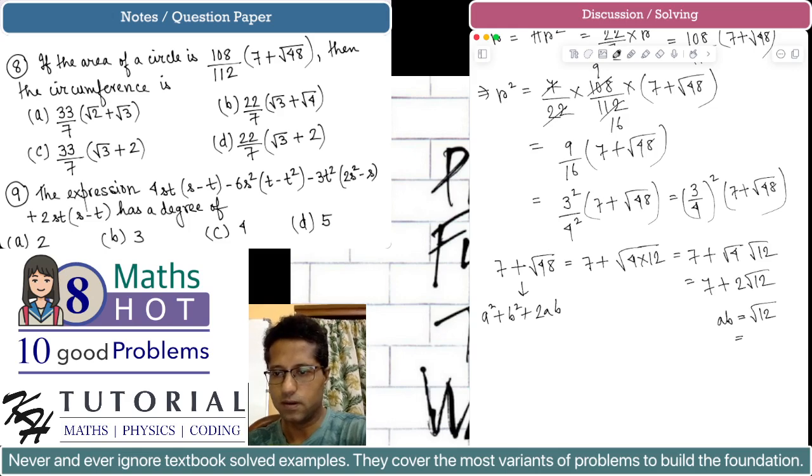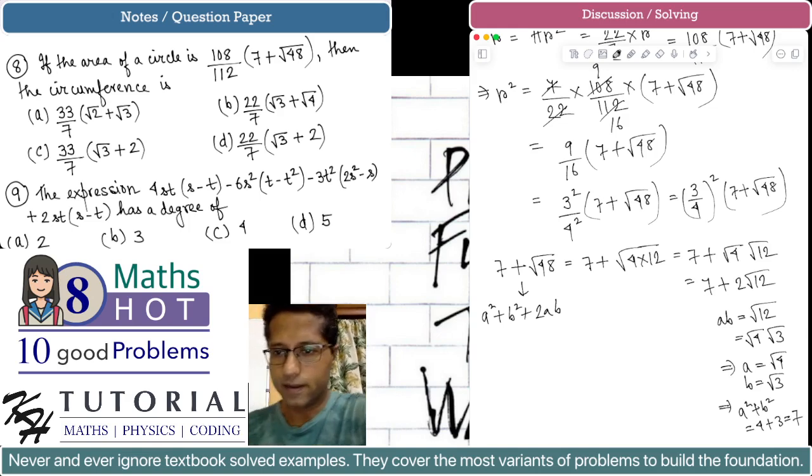Now 12 is 4 into 3. If I consider square root of 12 as square root of 4 and square root of 3, this implies that you can consider a as square root of 4 and b as square root of 3. So obviously a square plus b square is equal to 4 plus 3 equals 7.